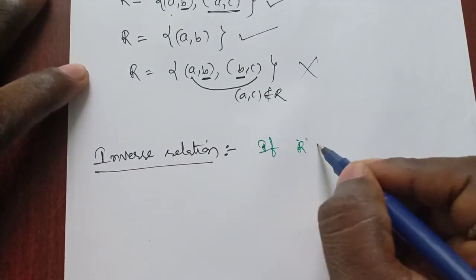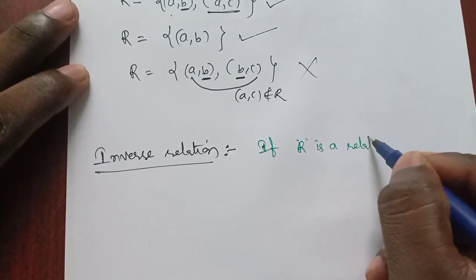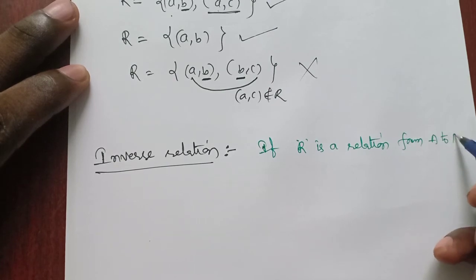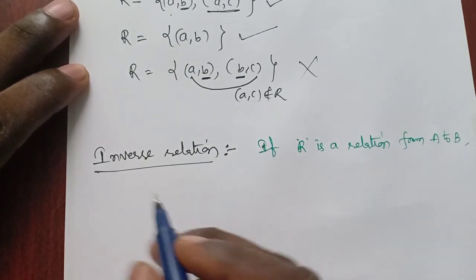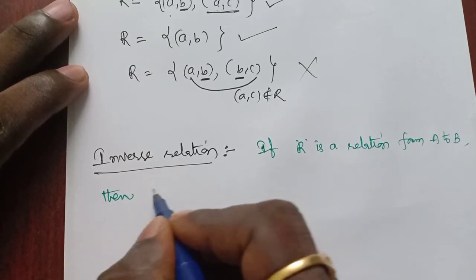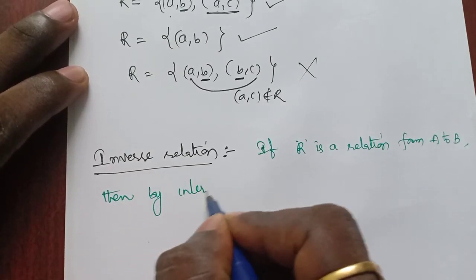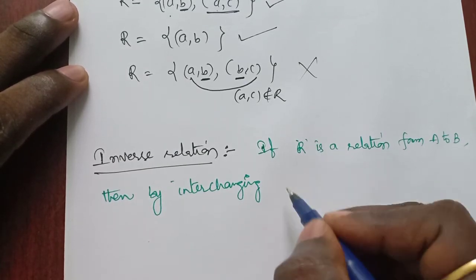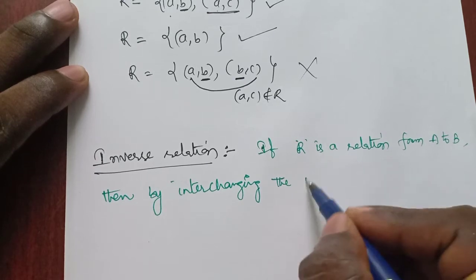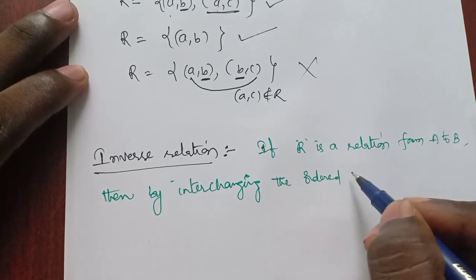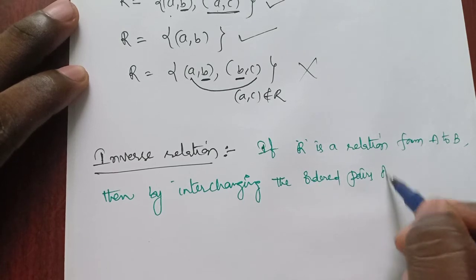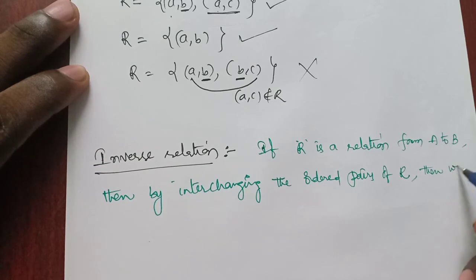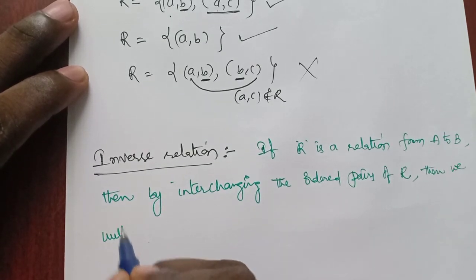If R is a relation from A to B, then by interchanging the ordered pairs of R, we will get a new relation.